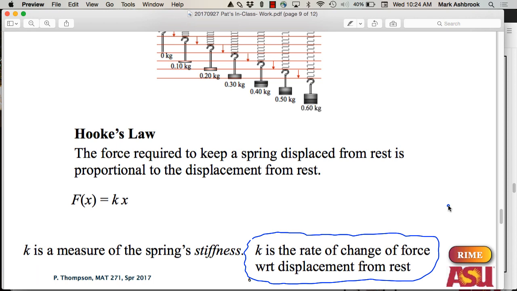How could you explain the meaning of that value k, if it's the rate of change of force with respect to displacement? Can I get you started? Tell the person next to you.